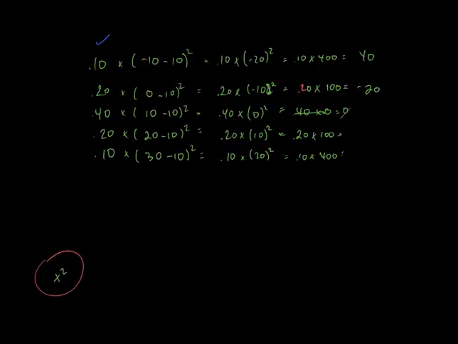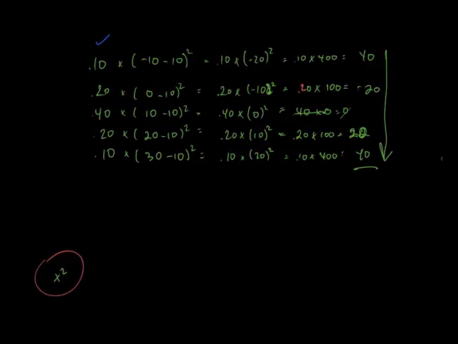We already know that's 0. 0.2 times 100, we calculated that already, equals 20. And wow, that works out good. We've already calculated 0.10 times 400 equals 40. Add all of these up, and let's see what we get. And this will be your variance.